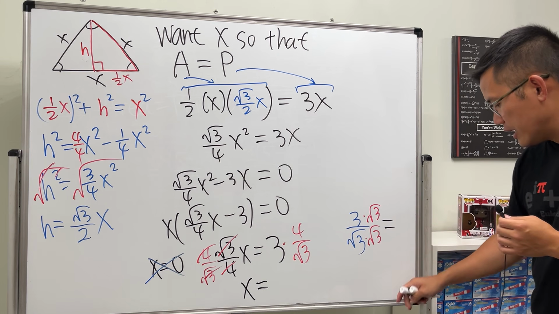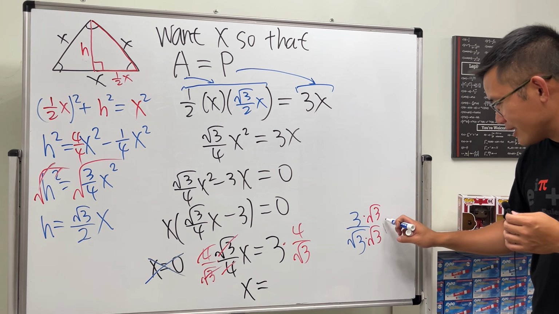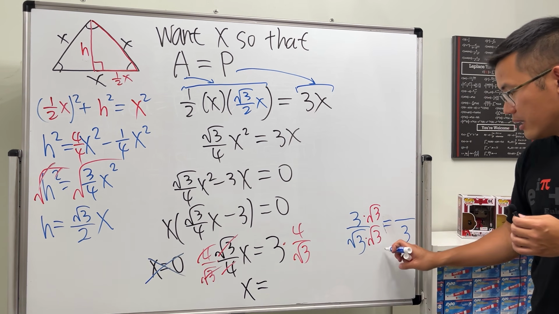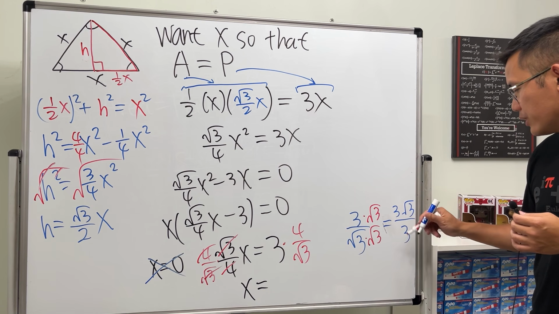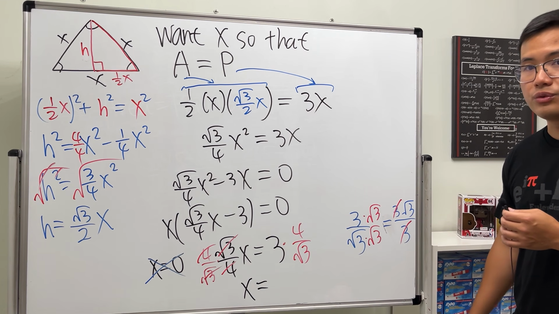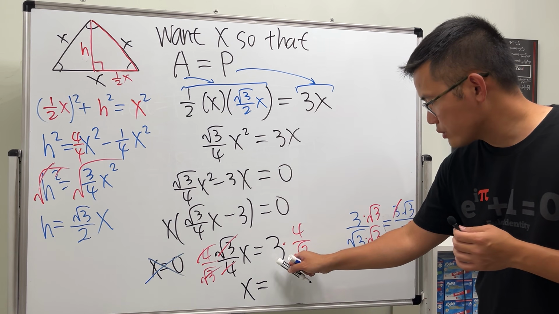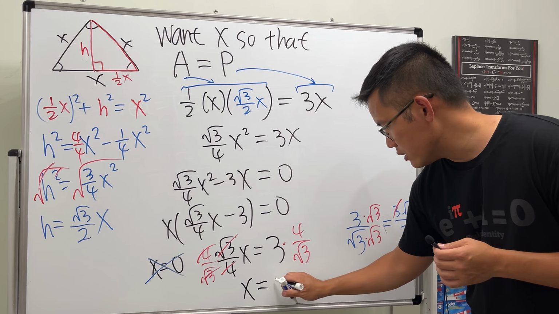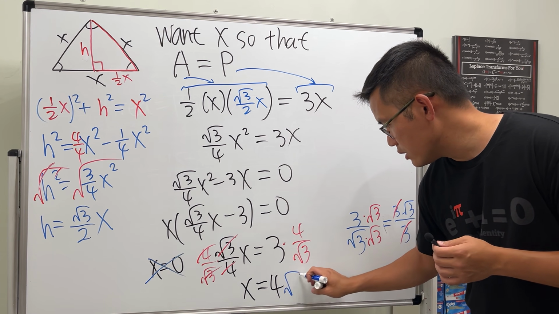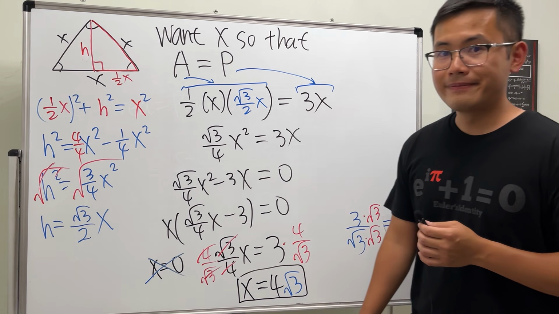On the bottom we get 3, and then on the top we still have this 3 and then this square root of 3. So you can see that they cancel. It's just square root of 3. But we have 4, so it's 4 square root of 3.